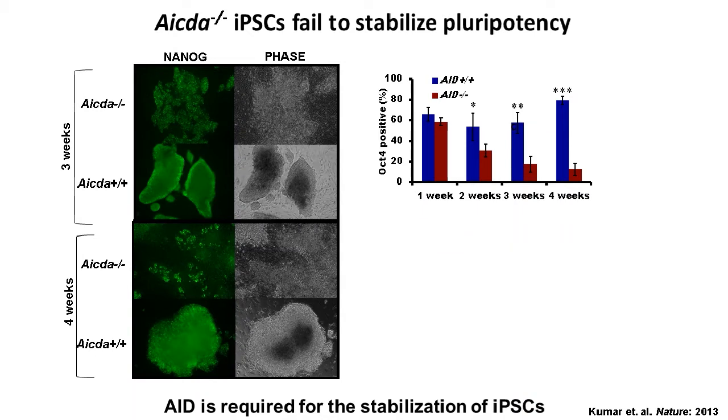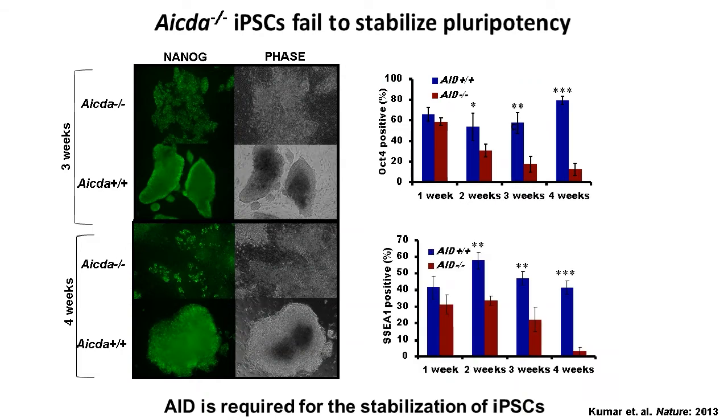By 4 weeks of reprogramming, most of the AID knockout cells lose the expression of NANOG, whereas the wild-type cells maintain it. And as you can see on the right panels, we observe a similar pattern for other pluripotency genes, for example, OCT4 and SSEA1.